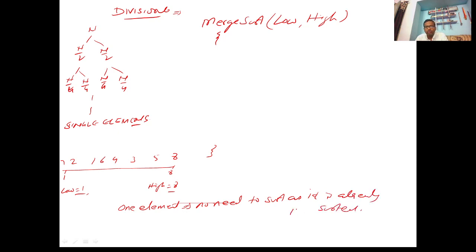So we need to proceed only if the list contains more than one element. This condition is enforced just by checking if low is less than high. If it is, it means the list contains more than one element.